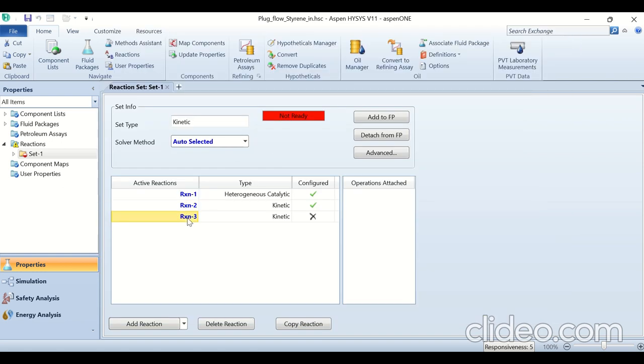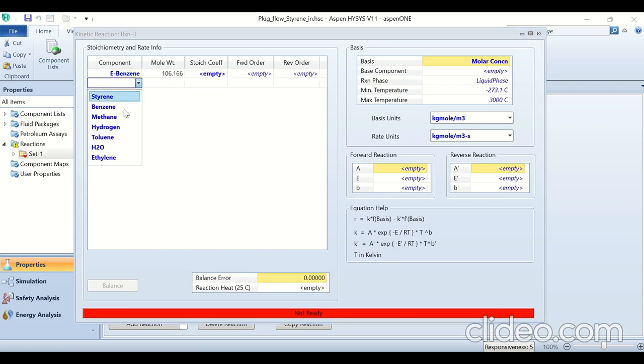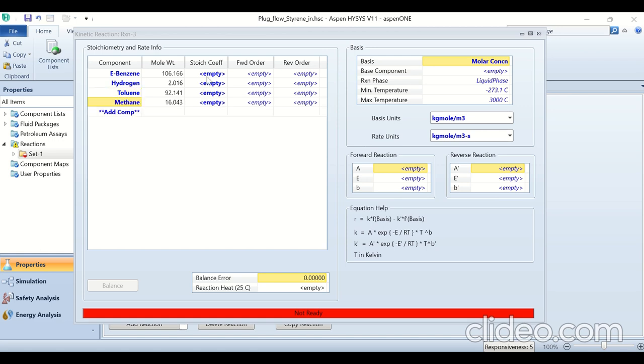Close this, and now click on the third reaction, where ethylbenzene reacts with hydrogen to form toluene and methane. So 1 mole of ethylbenzene, minus 1, reacts with 1 mole of hydrogen to form 1 mole of toluene and 1 mole of methane. And you saw that the rate of reaction was independent of the hydrogen concentration, so we will just put 0 here.